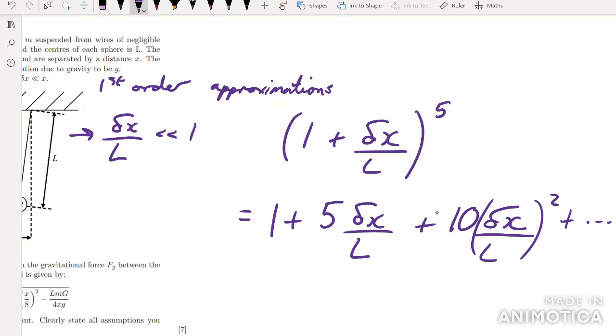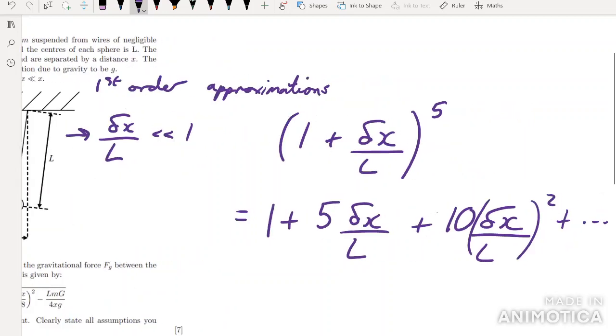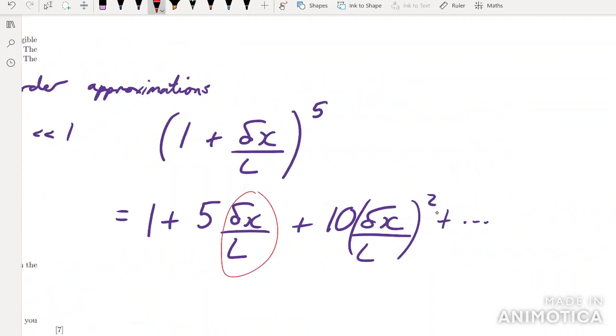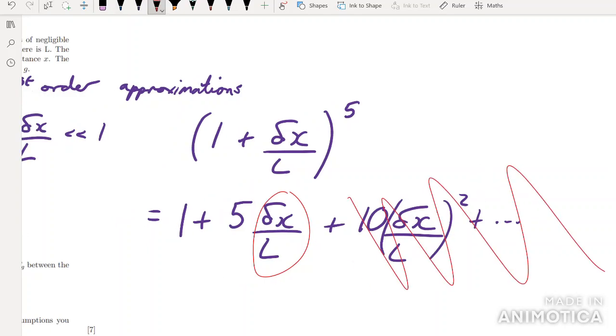And what this first order approximation means is, once you have it in this form, you want to keep these. You never want to get rid of the first orders, but you want to get rid of any higher order terms. Now, why are we allowed to do this? Well, if delta x over L is much, much less than 1, for example about 0.01, that might be important in an answer.